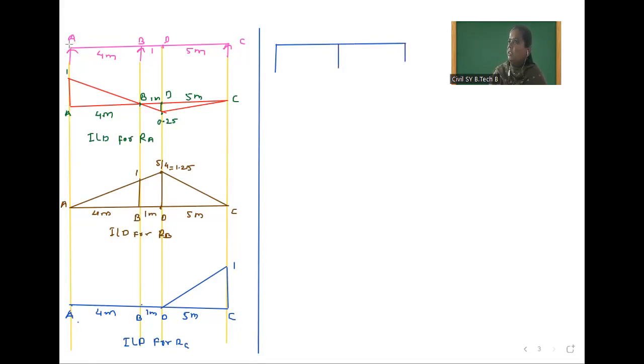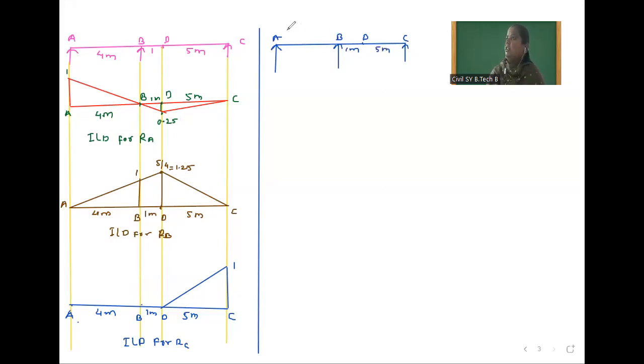So Z location in between A to B and Z location in between B to C. So first we will check for first possibility, that is Z location in between A to B. So we will mark here. This is our AB span, and this is our BC span. Here D point is located. This distance is 1 meter. This remaining distance is 5 meter.